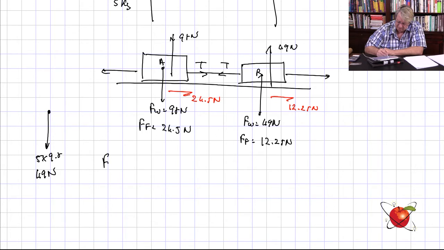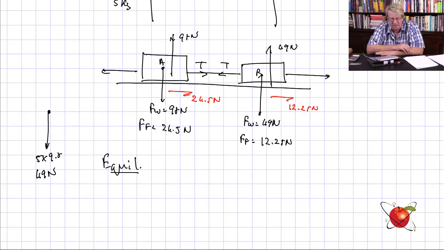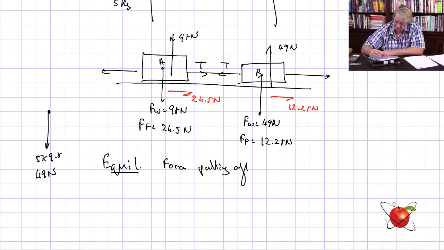It is in equilibrium because they said to keep it on the table, which implies it's not going to move. Therefore equilibrium, therefore the force pulling off the table must equal the forces keeping it on the table.